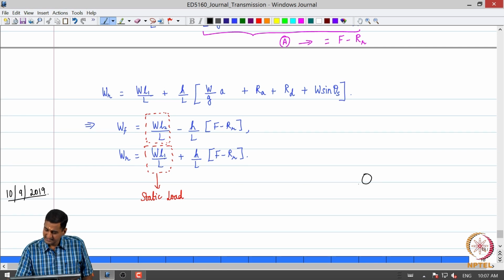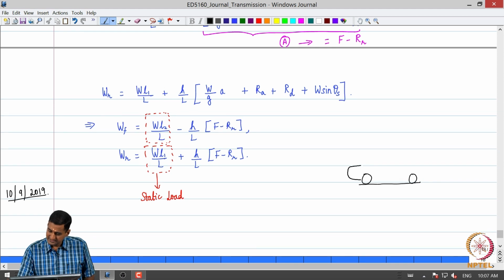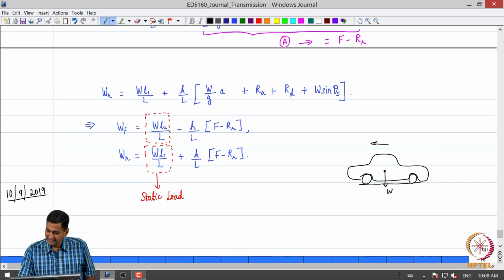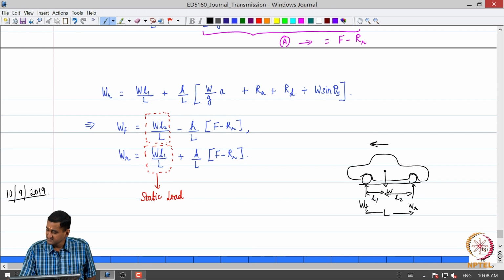So suppose let us say now we consider this stationary car, just drawing a simple schematic. Okay. So this car. So let us say W is, of course this is the forward direction of motion, right. So let us say this is the front WF and this is the rear WR, and this is L1 and this is L2, right, and the total distance is capital L, which is the wheelbase.